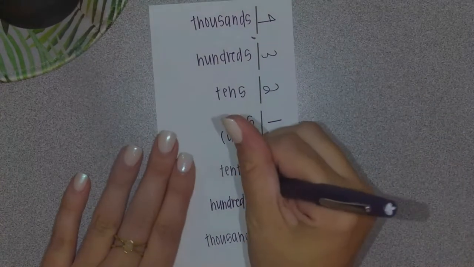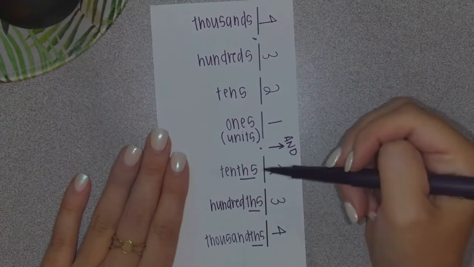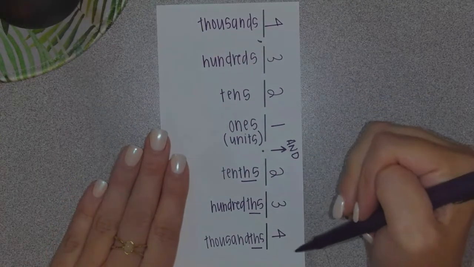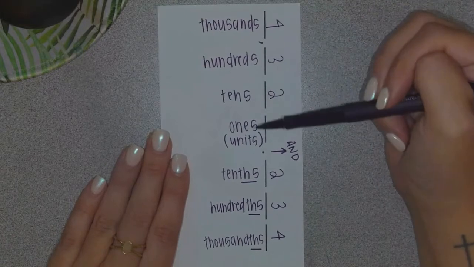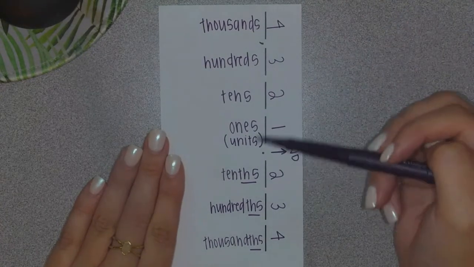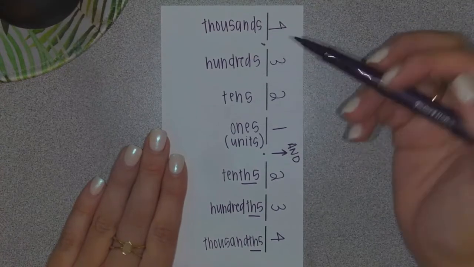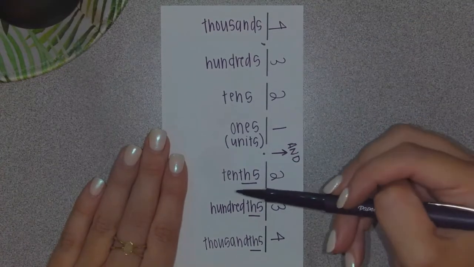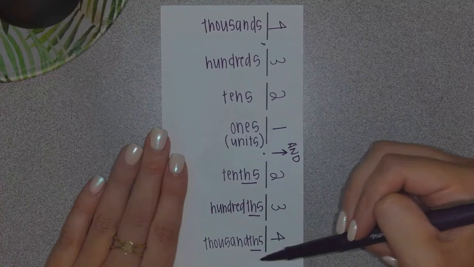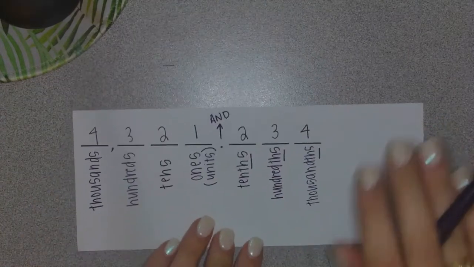If a place ends in that THS, that means it is a decimal place, not a whole number place. None of our whole numbers end in that THS. You don't have to make the snake sound with our whole numbers, but with tenths, hundredths, thousandths, we've got to make that snake sound when it comes to our decimals.